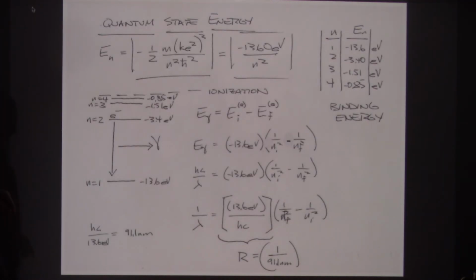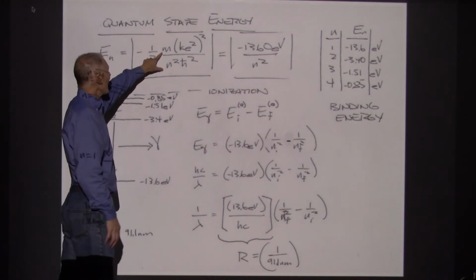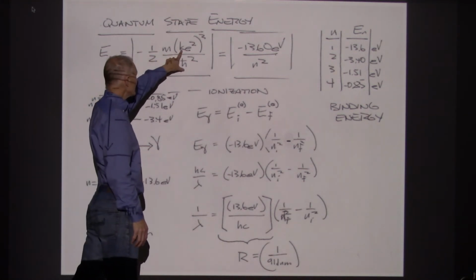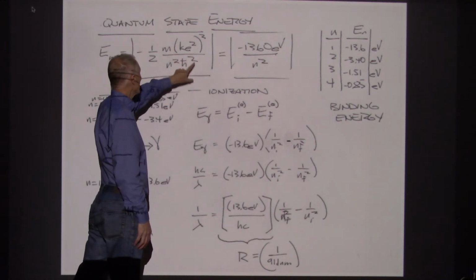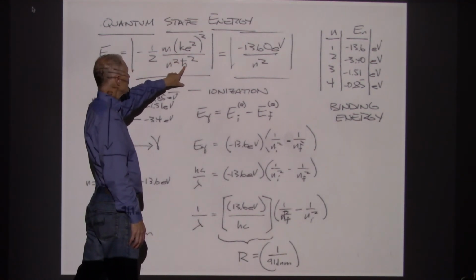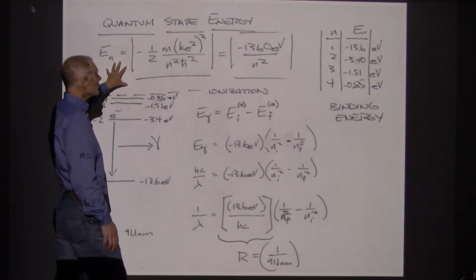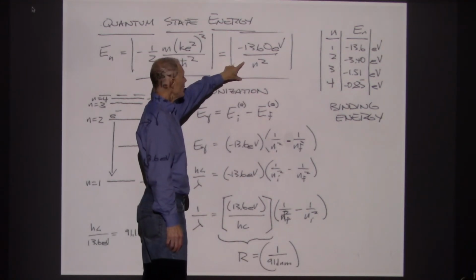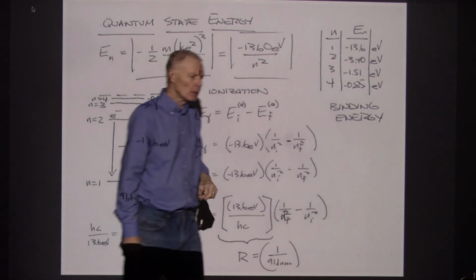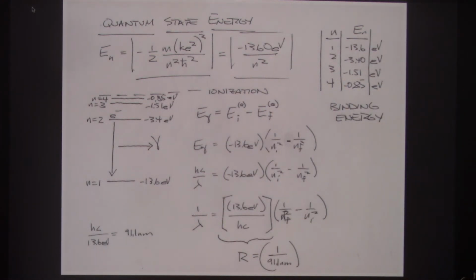And here we go. So if this is the energy, now this is the energy in terms of the mass of the electron, the electromagnetic force constant, the charge of the electron, and Planck's constant divided by 2 pi. That's the formula for the energies of these different states. Numerically, that gives us negative 13.6. It's a minus sign because the energies are dominated by a potential energy.